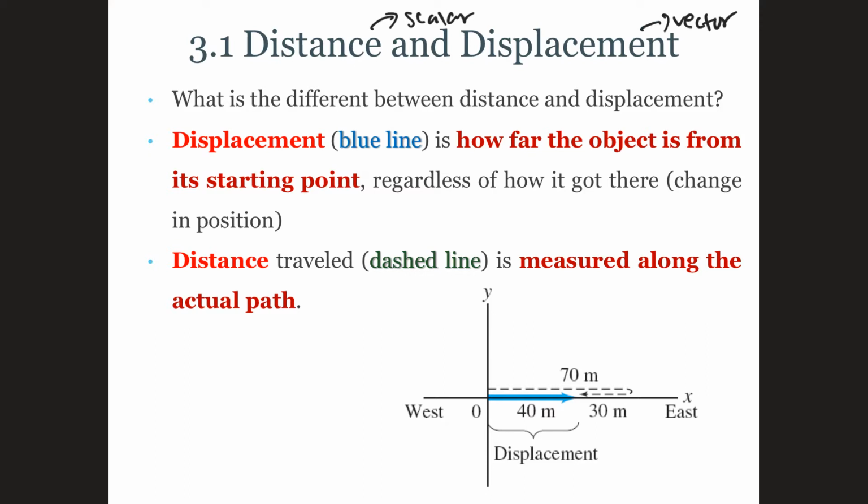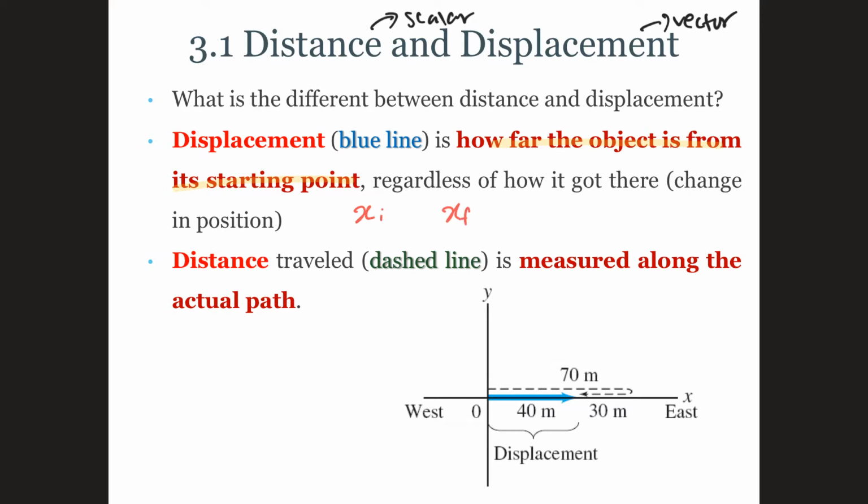The difference between these two is that displacement is basically how far the object has moved from its starting point, regardless of how it got there. You focus only on the initial and the final.